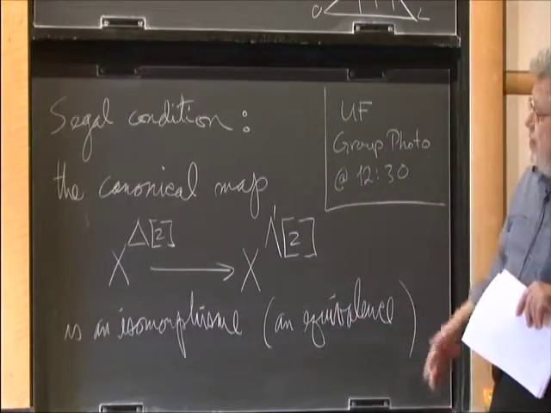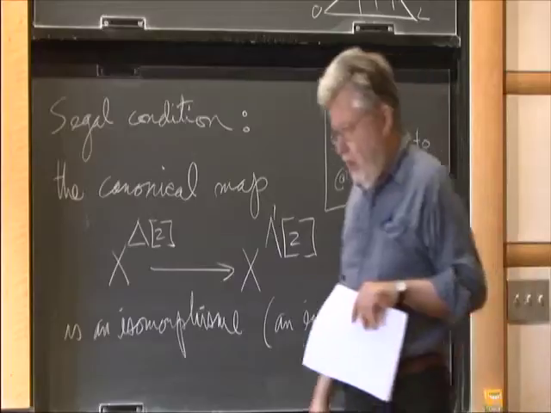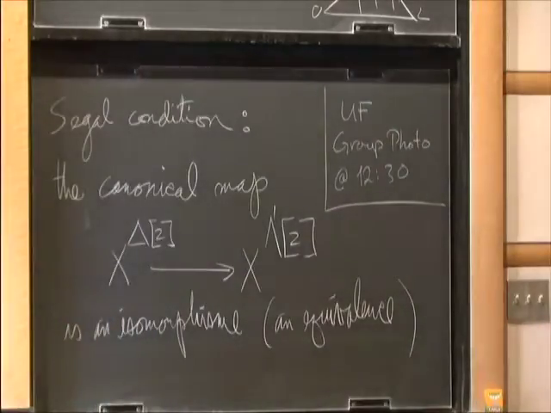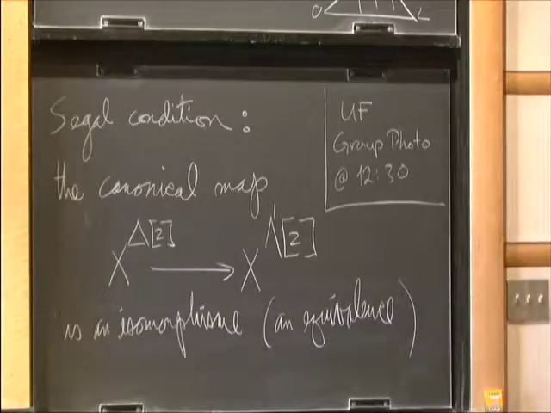In this case, this notion is called a Segal space by Rezk. If you take a simplicial space and you ask that this map is an equivalence, then it is the notion of a Segal space. But for us, we could call them a category.